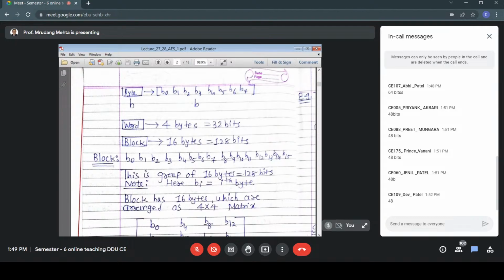And then a block of 16 bytes: 16 into 8, that is 128 bits. So a block is 128 bits, and to represent these 128 bits, it is represented by a block of 16 bytes. Each entry is 1 byte, so a total of 16 bytes makes 128 bits.